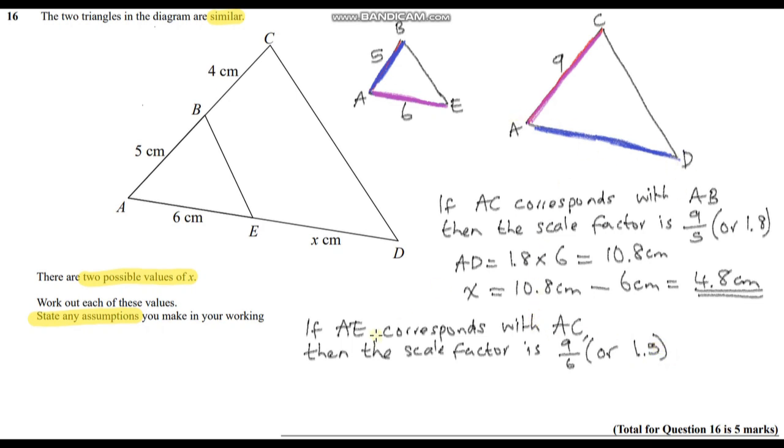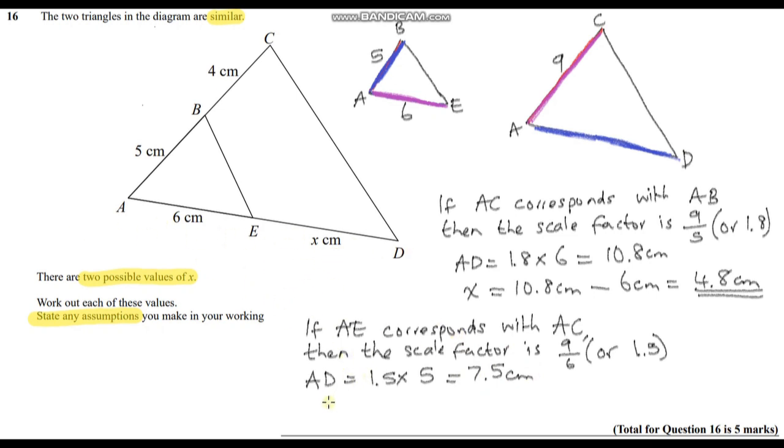To work out AD, it's just going to be 1.5 times bigger than AB. So 1.5 times 5, which gives us 7.5 centimeters. So now AD is 7.5 centimeters.